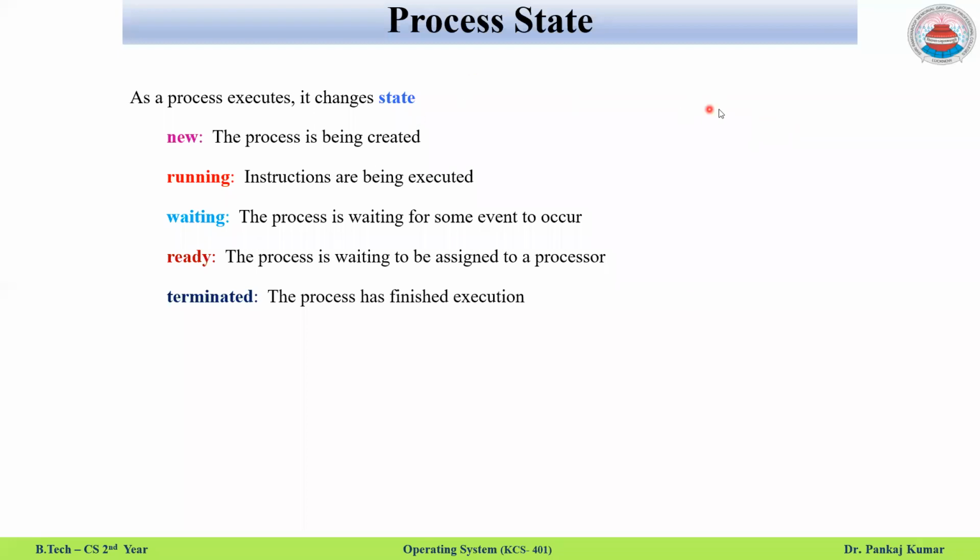So this is the process in memory. I have also discussed process state. When a process comes into existence, meaning when a program is fetched from secondary memory to RAM, it is ready to execute.